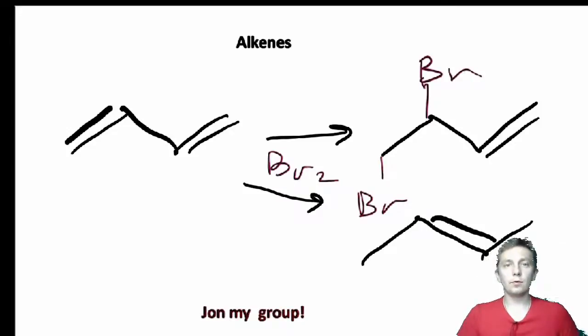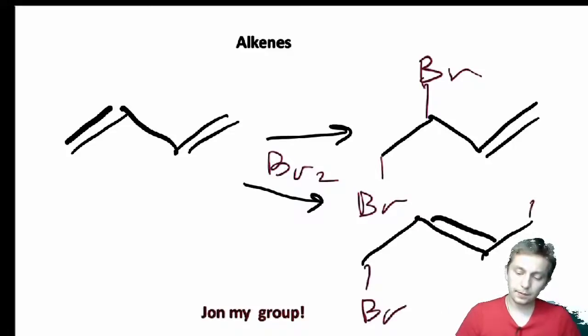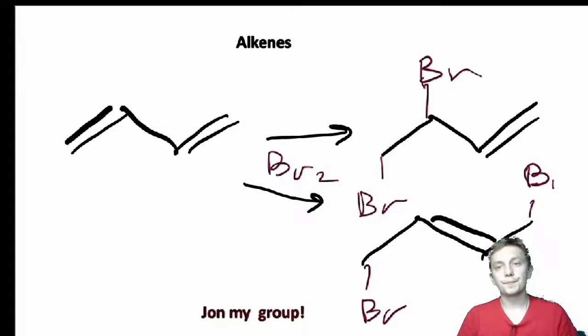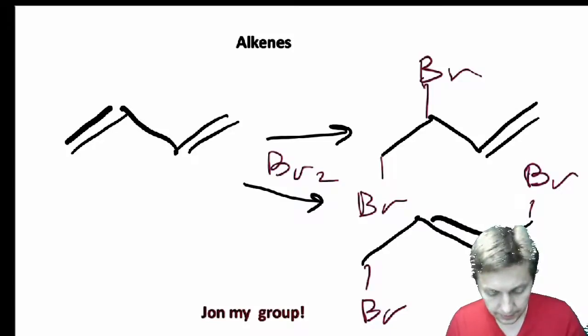Another option, if we have 2 double bonds, dienes, its products are like this. So if you have alkenes, they are involved in addition.